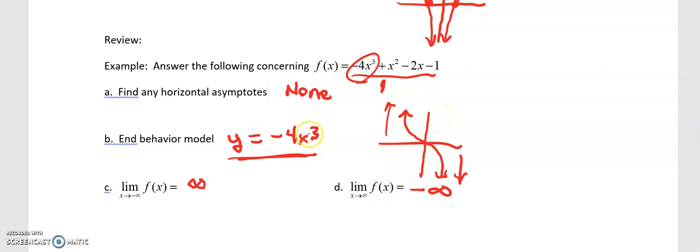If the power was even, the end behavior values go either both to positive infinity or both to negative infinity. They act just like a squared, even though it could be a fourth or a sixth power. If it was 4x squared, the end behavior model would go like that, and if it was negative 4x squared, it would go like that. So there are only 4 different ways that end behavior models of polynomials can go.